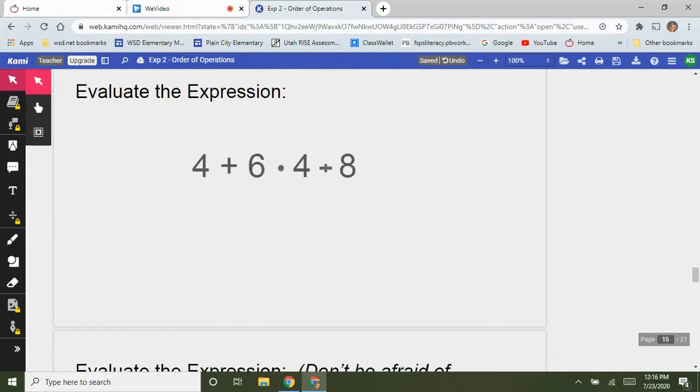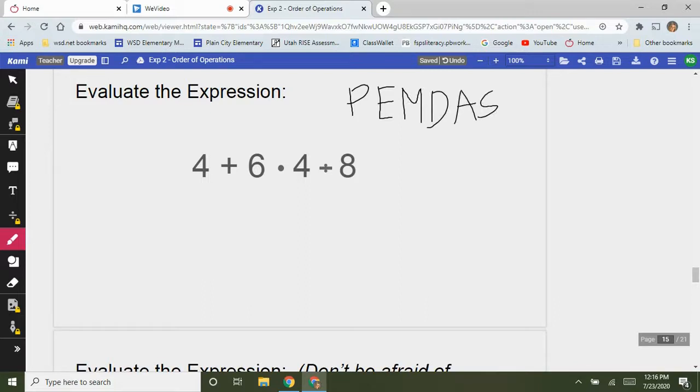Okay. So again, I'm going to write my PEMDAS. Parentheses? Nope. Exponent? Nope. Multiply and divide? Yes. So if I'm looking left to right, this comes first. 6 times 4 is 24.